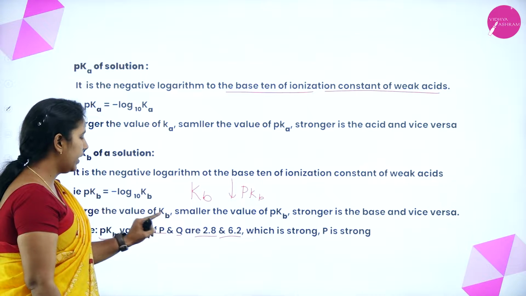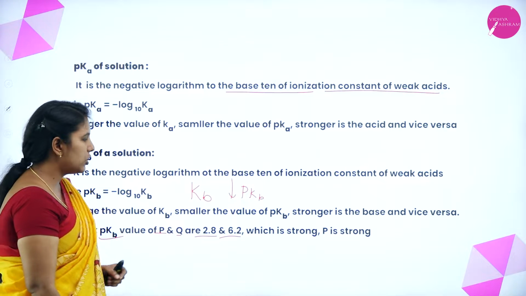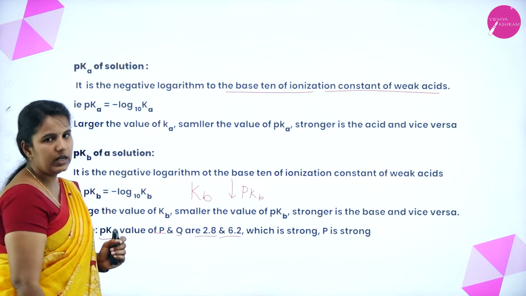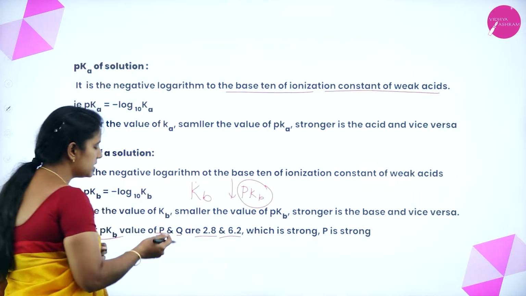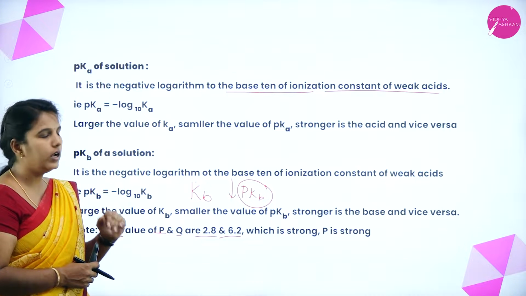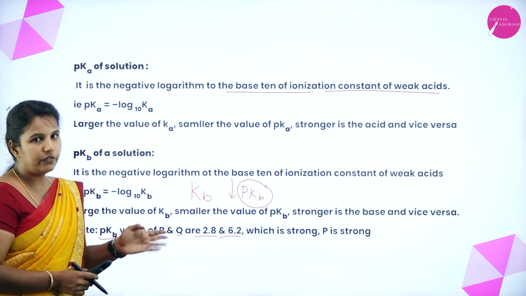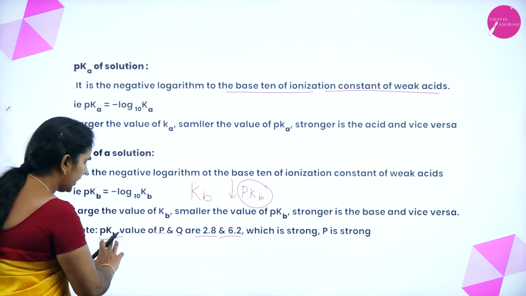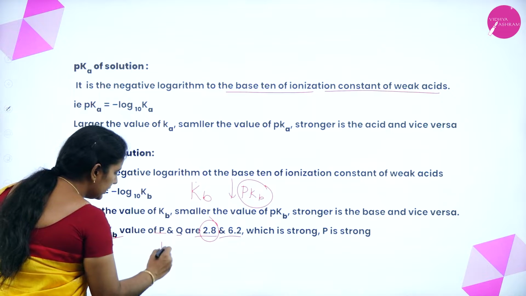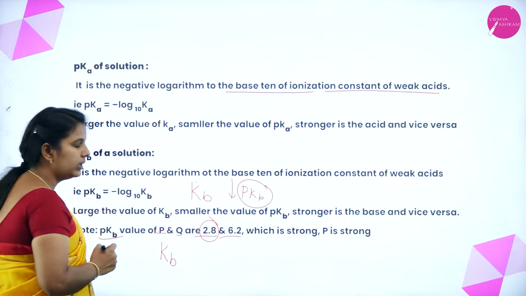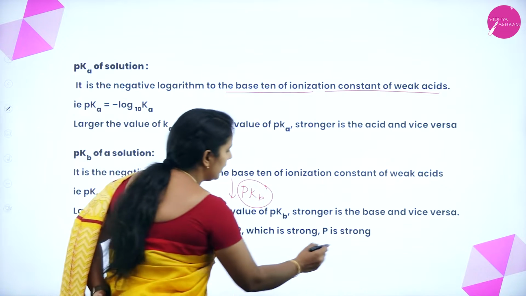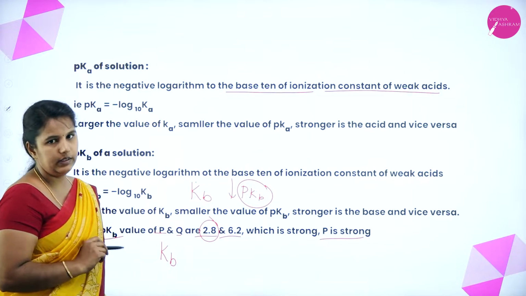Larger the value of Kb, smaller will be the value of pKb, and stronger will be the base, and vice versa. If the Kb value is very small, obviously the pKb value will be more, so that base will be weak. Here the pKb value is very small, which indicates that the Kb value is very high, so P will be strong in nature.